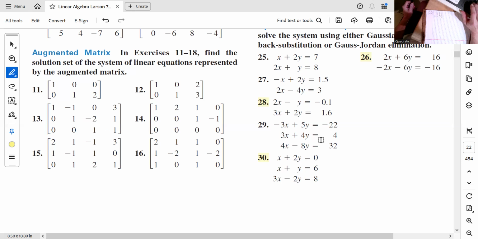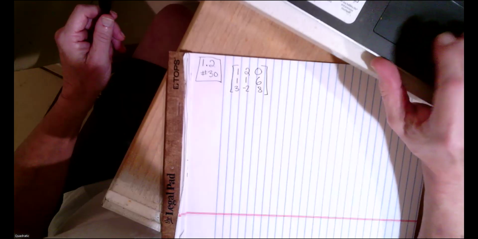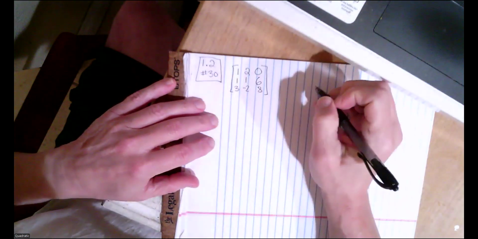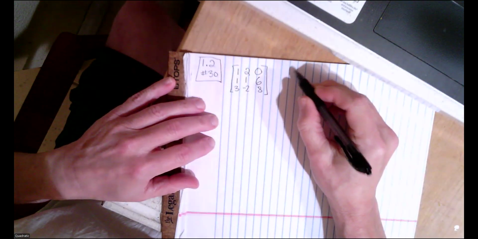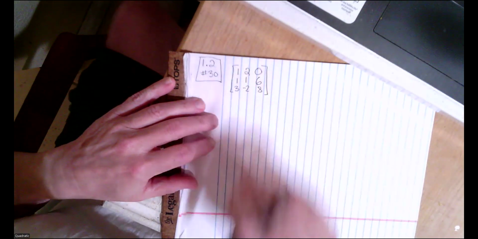So let me get rid of this screen and go onto my paper so you can see better. It seems pretty clear what I'm going to do here. I want to get all zeros down this first column. We're trying to make that sort of triangular array, which means ultimately I'm going to want zeros when I'm dealing with a 3 by 3 matrix.